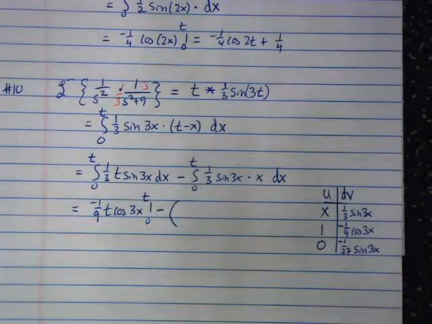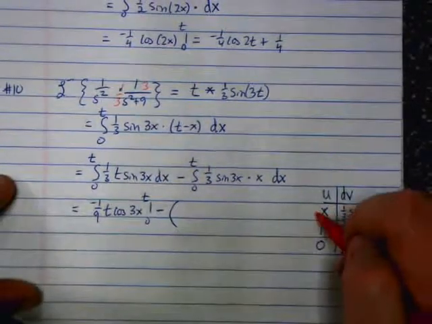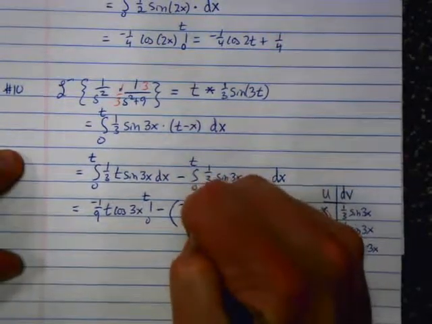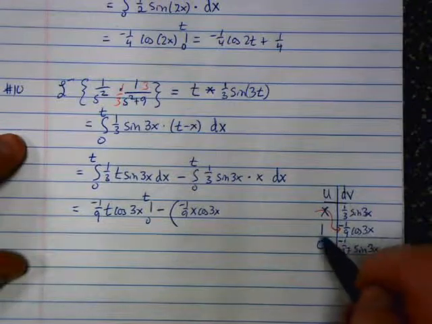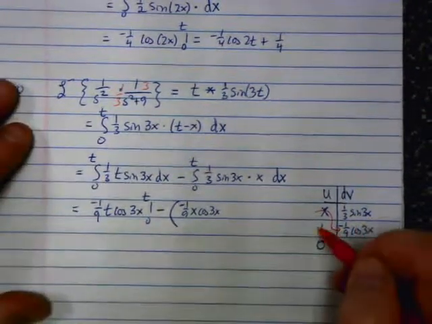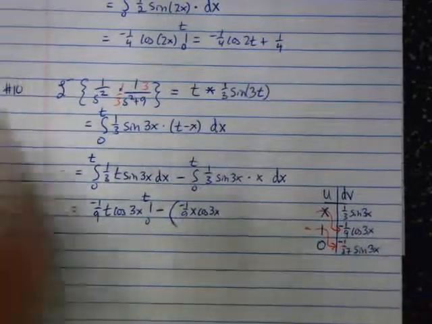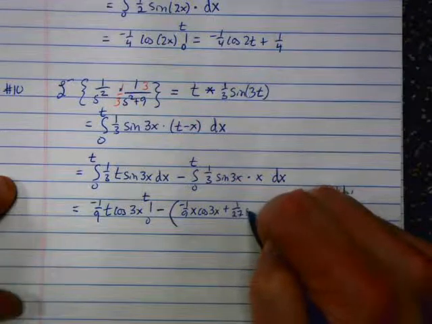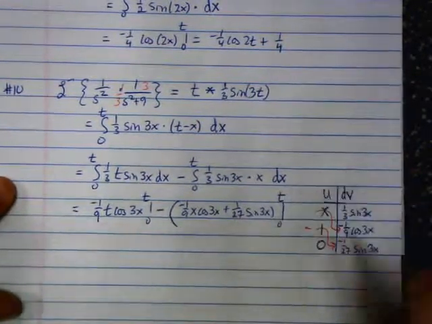Multiplying that way, negative 1/9 x cosine 3x, and then minus, and I multiply this way. That one's got a minus, but it's got another minus here, so that's going to make it a plus 1/27 sine 3x. Evaluate at 0 and t.